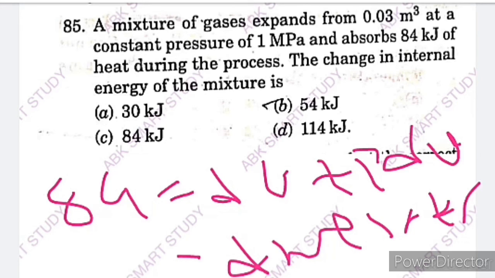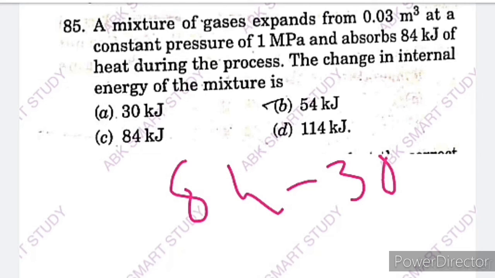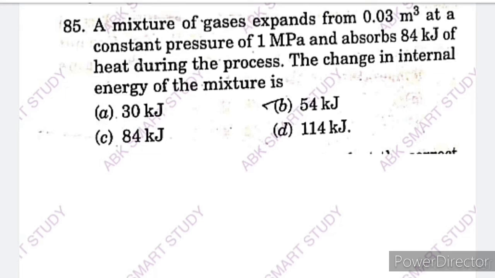So du is equal to 84 minus 30, that is 54, and it is given in option B. So the mixture of gases expands at a constant pressure of 1 megapascal and absorbs 84 kilojoule of heat. By using the equation dq is equal to du plus p dv, we calculate the change in internal energy du and get 54 kilojoule. So option B is the correct answer.